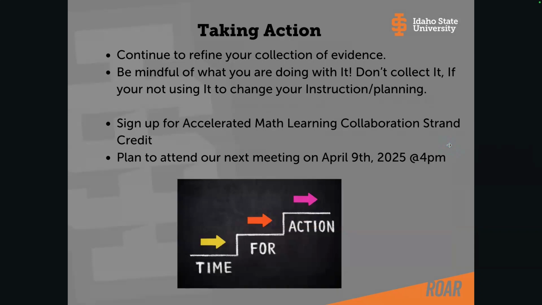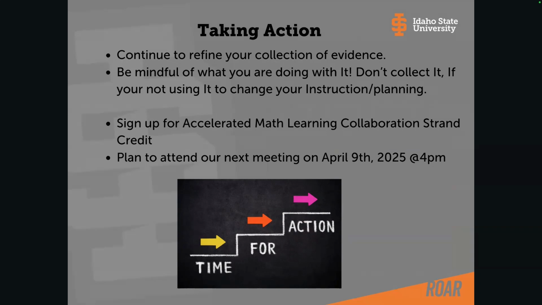Just a quick reminder, our next meeting is April 9th, and then the next one will be May. So it'll just be April and May back to back, and then we'll be done. For the next almost two months, we just want you to continue to refine your collection of evidence.